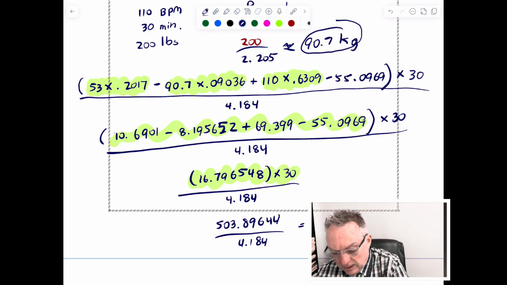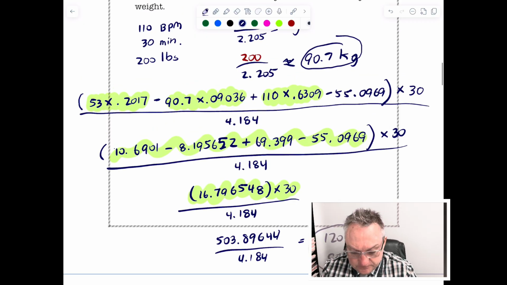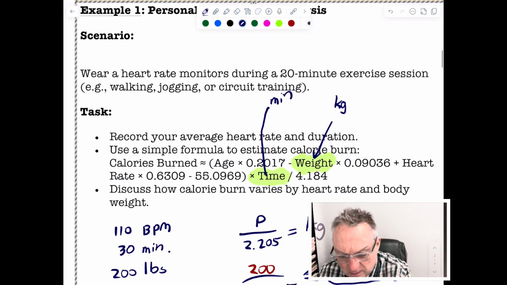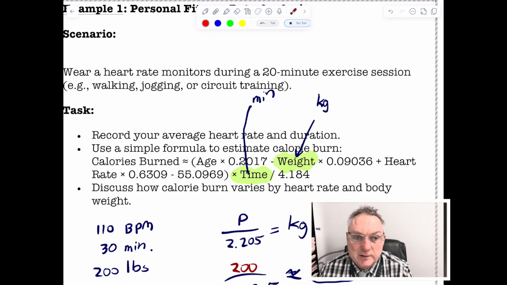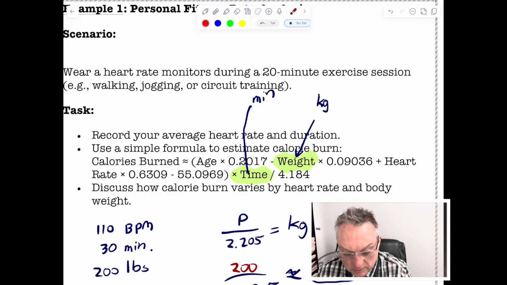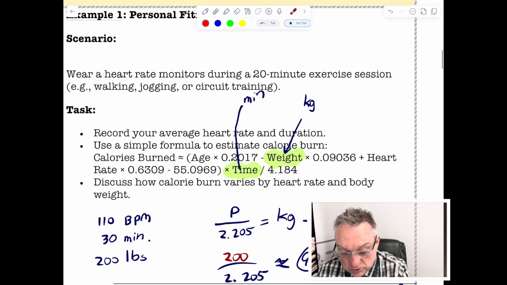Now let's look at this formula a minute and ask, how does the calories burned get affected by the heart rate? Well, as that number gets bigger, you get a bigger number in the top here, and it's going to increase the calories burned. Kind of common sense: if you work harder, you're going to burn more calories. Same thing with your weight, actually.